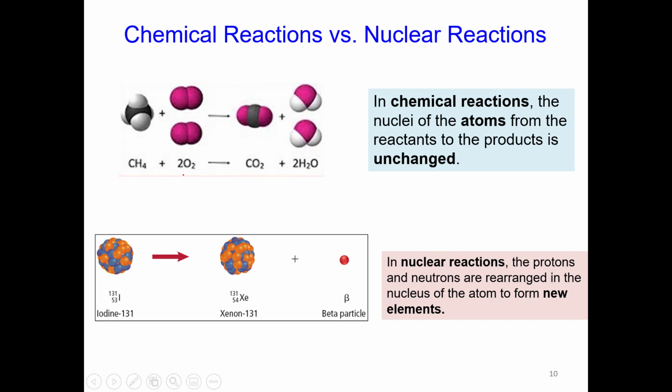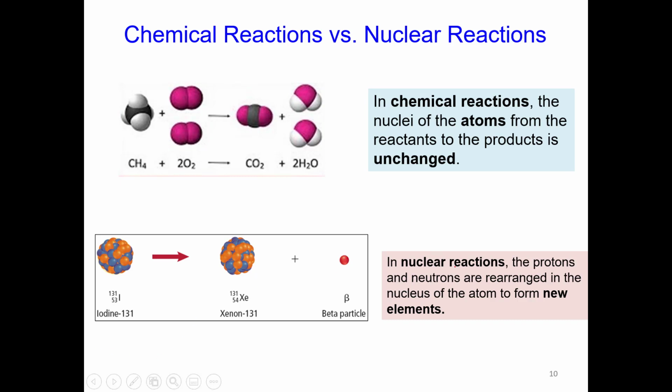We had the same elements in the reactants and the same elements in the products. We had carbon, carbon, oxygen, oxygen, hydrogen, hydrogen. What changed was just how they react to form a new compound from one side to the other.